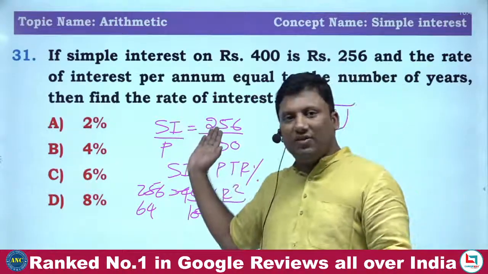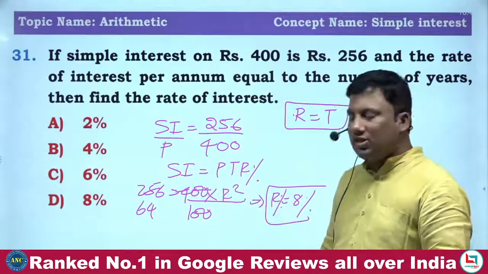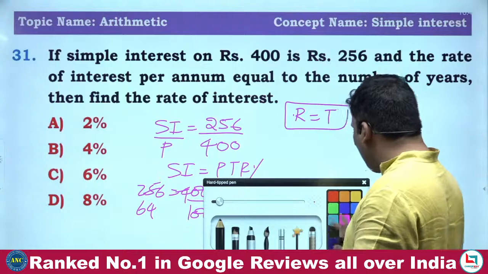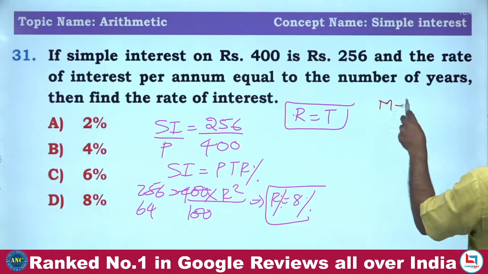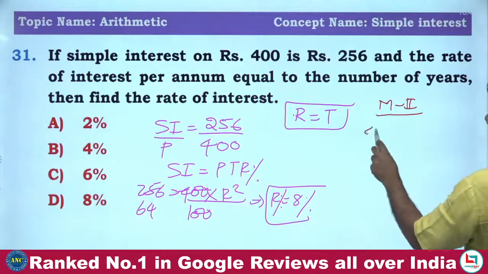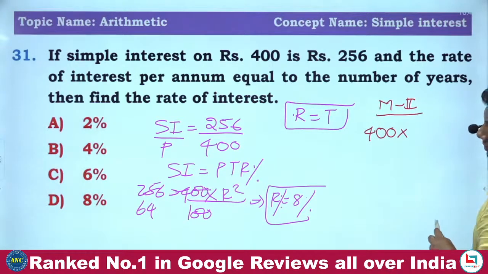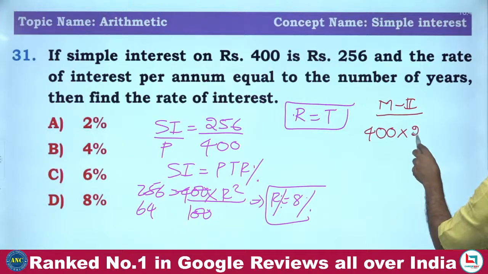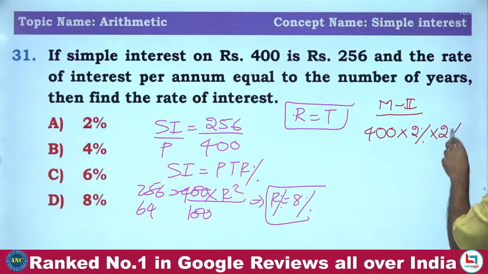Simple interest is given as 256. Principal is given as 400. Usage of formula, or otherwise, you can go by the rightmost non-zero digit logic. Let me take the first option, 2 percentage. Second also, 2 percentage.